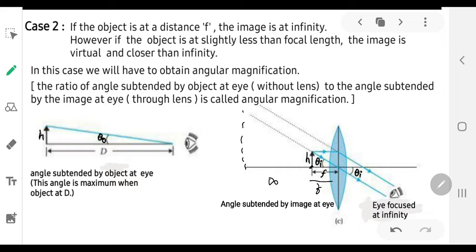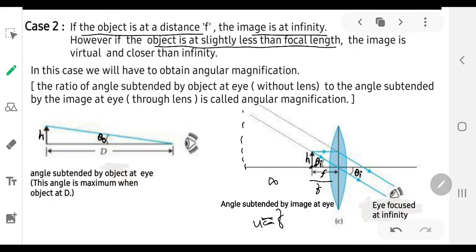The object is at a distance of f, the image is at infinity, and the image nature will be inverted, but we want an erect image. So what will we do? The object is placed slightly less than focal length, almost near the focal length, so that you can take u nearly equal to f, to have an erect and virtual image.